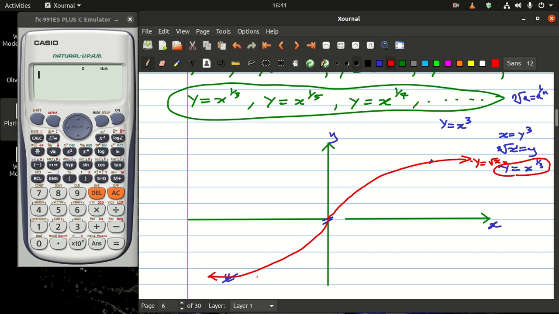One thing for sure, because we had x cube with the same shape as x to the power 5, the same shape as x to the power 7, which means that the third root of x and the fifth root of x and the seventh root of x, using the same approach, will have the same shape.